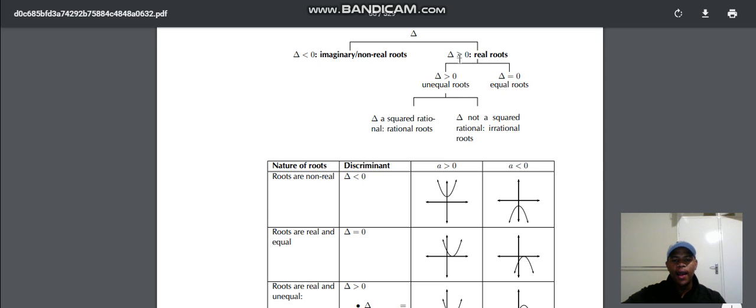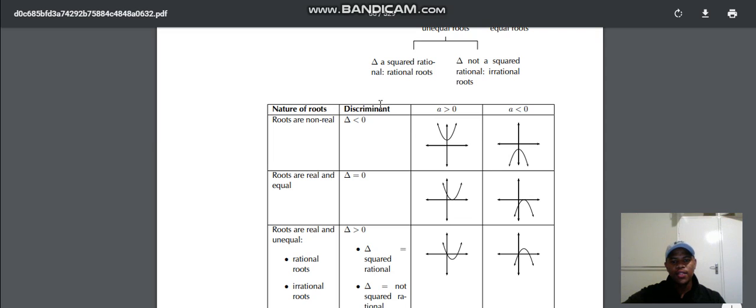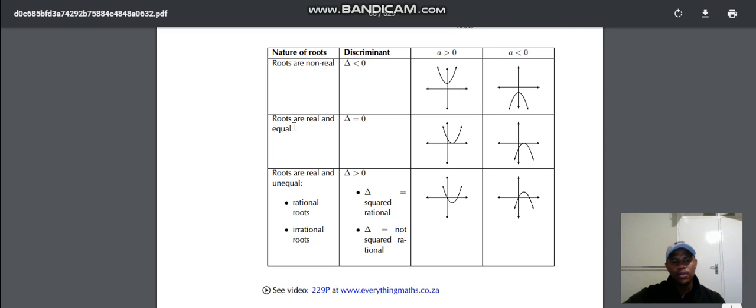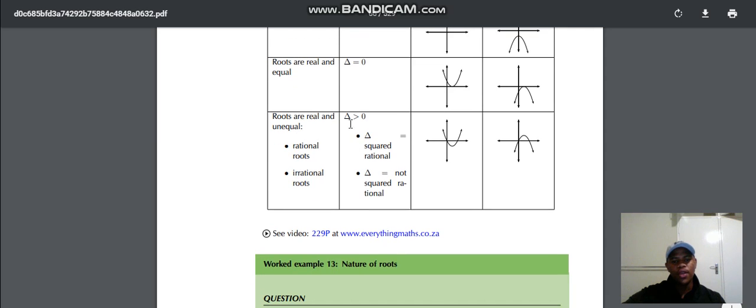If delta is greater than 0, you can have a squared rational, where you have rational roots, or you can have not a squared rational, where you have irrational roots. So you can see that this is the case where delta would be less than 0, or you can have that where roots are real and equal. You can have that, and then you can have a mix of these guys.